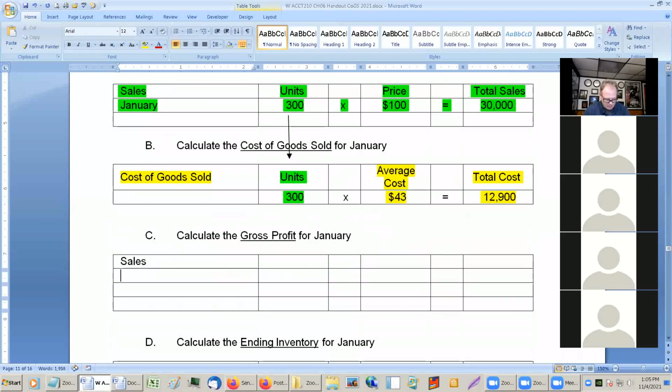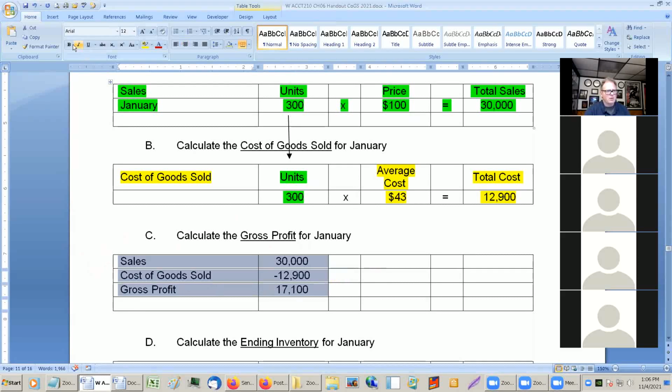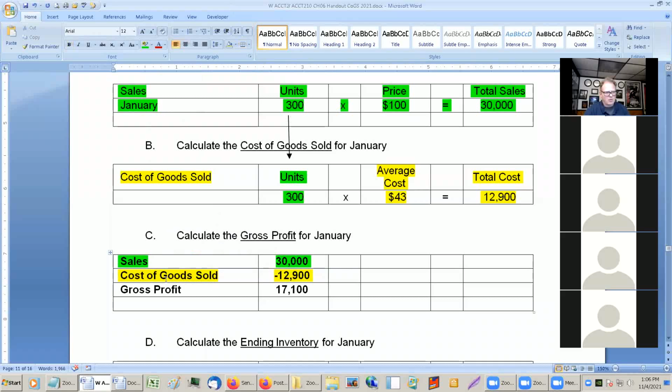So sales, cost of goods sold. Okay, I think that's it for that.